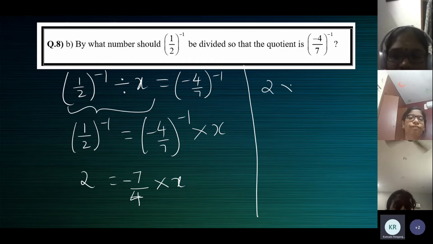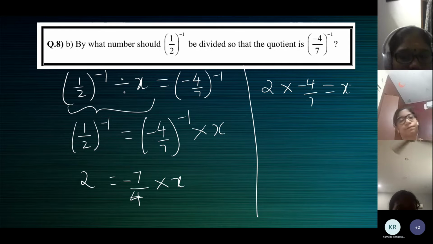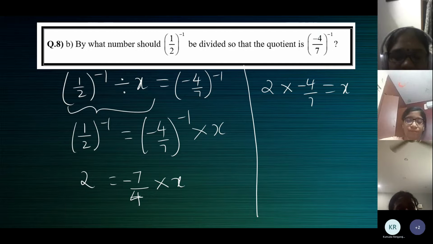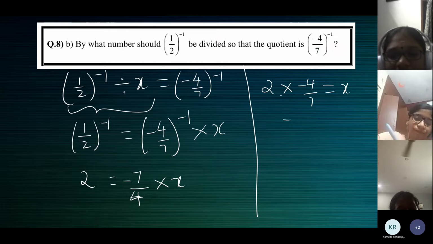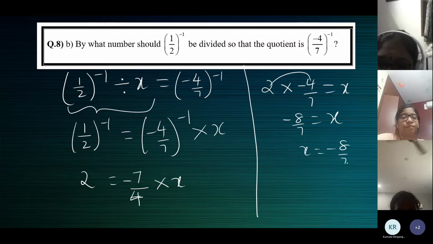It will be into minus 4 by 7 is equal to x. 2 into minus 7 by 4 will become minus 4 by 7 on the other side, its reciprocal. So the answer is minus 8 by 7. x is equal to minus 8 by 7.